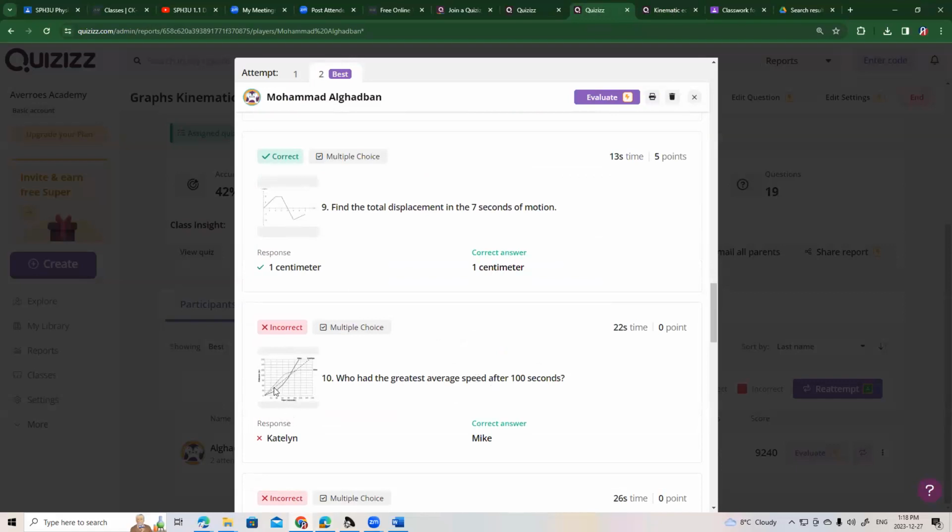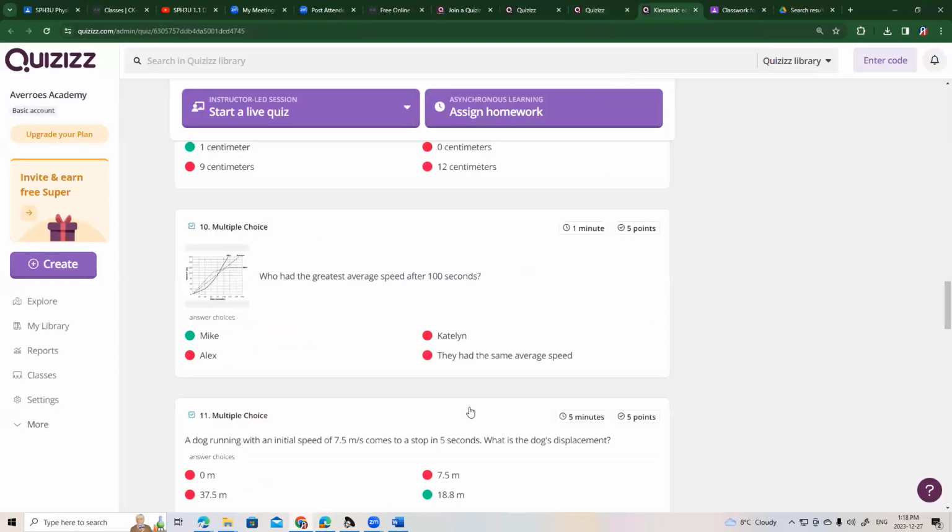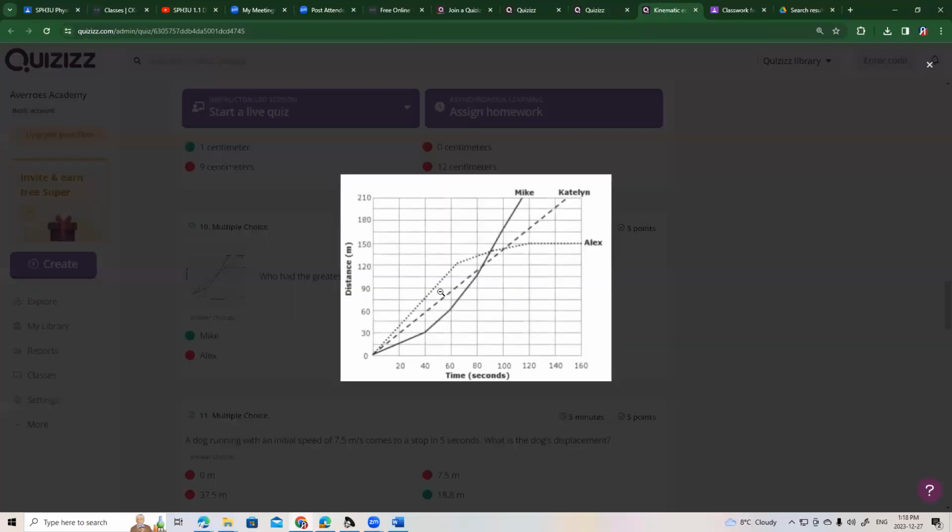Okay, what you missed? Okay, this is perfect. After 100 seconds, Mike has bigger average speed. Okay, let's check number 10, bigger picture. Mike, after 100 seconds, had bigger average speed. So for a position time graph, average speed is not instantaneous, at this point, for example, at some point.